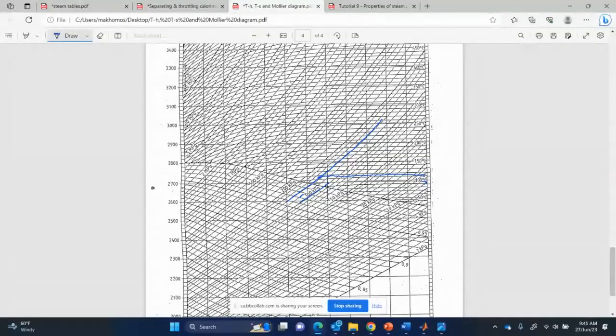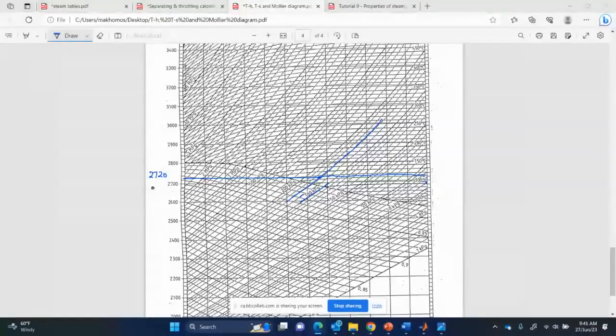Then you take your ruler. We are looking for enthalpy. According to my graph, my enthalpy is 2720. This is my h-sub-g based on 120 kPa and 125 degrees Celsius.